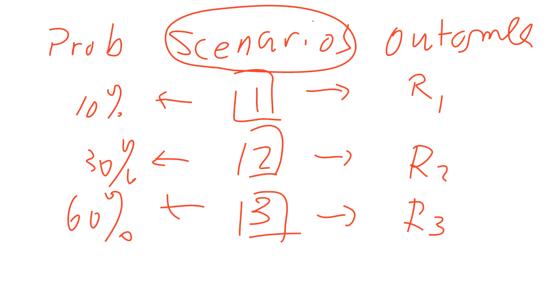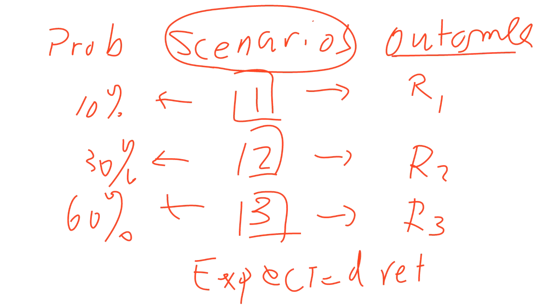However, if we want to calculate the expected return, then you will have to first figure out the outcome as the numbers and probability as the percentages. The probabilities have to all add up to 100% or add up to 1. That's when you are going to get the expected return.